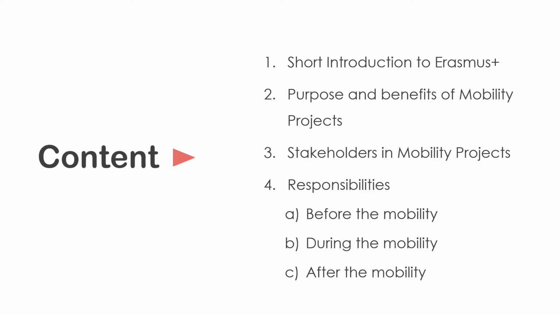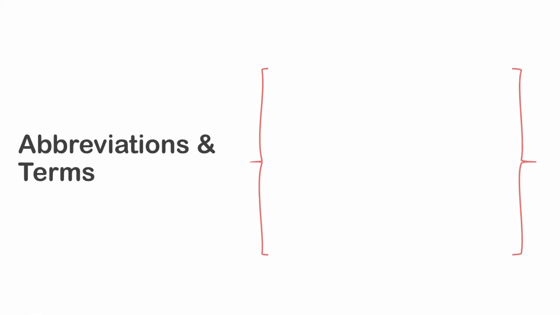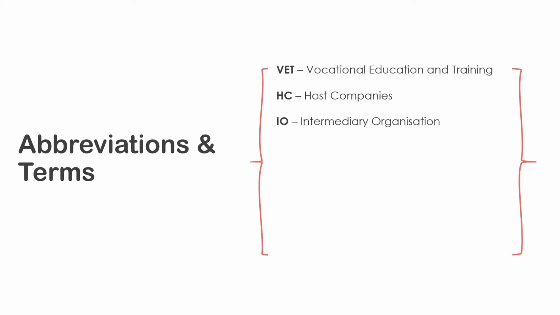During this course, you will come across some commonly used abbreviations and terms. VET stands for Vocational Education and Training. HC stands for Host Companies, and IO is the intermediary organization.